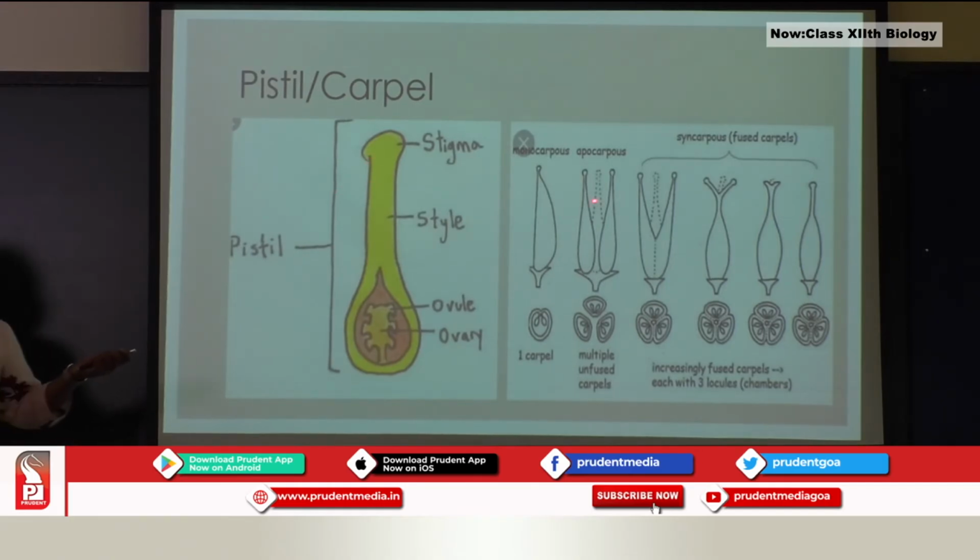Now, moving on to the type of pistil or carpel. Here we have monocarpous condition and multicarpous. What do you mean by monocarpous and multicarpous condition? Monocarpous is a condition where you will see that there is going to be a single ovary, style and stigma in a flower.